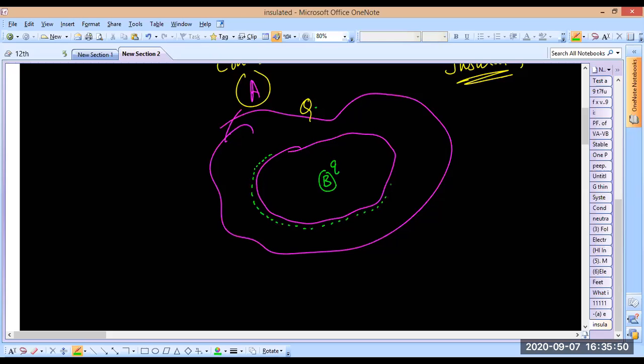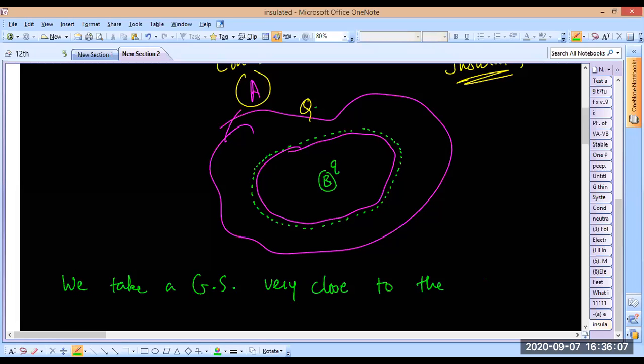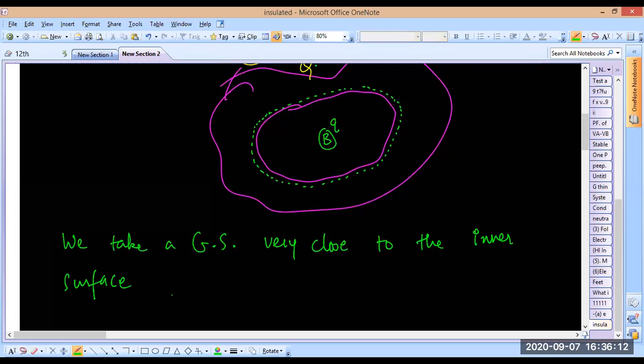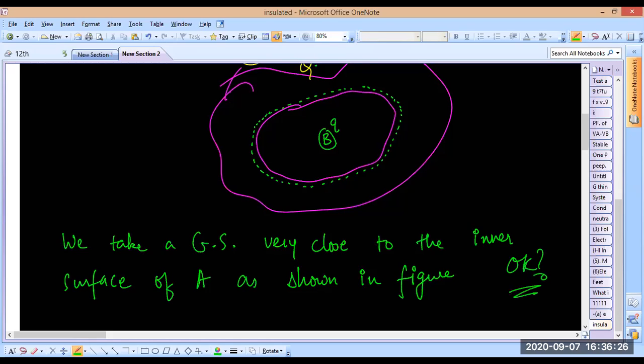So we take a Gaussian surface very close to the inner surface of A as shown in the figure. The figure is very helpful. Without a figure, if you explain so much in words, when will the paper ever finish? Is this step clear? This dotted line is the Gaussian surface.